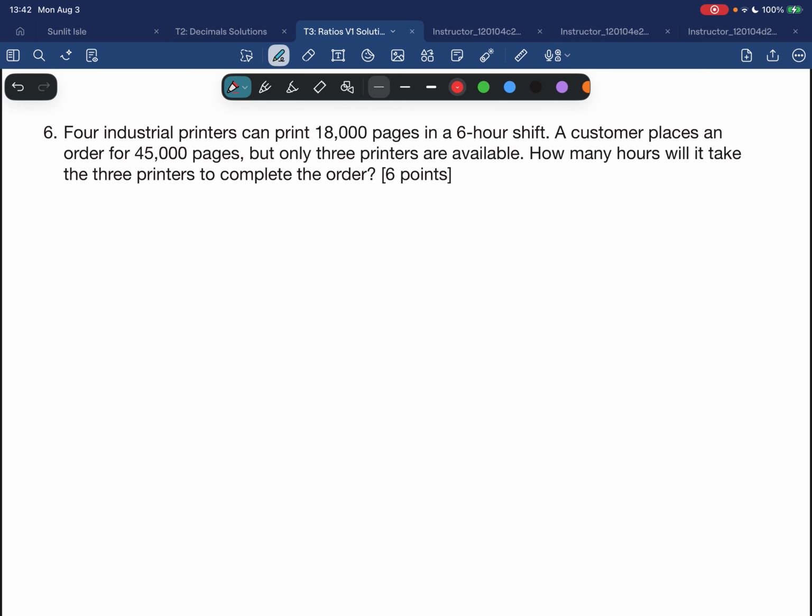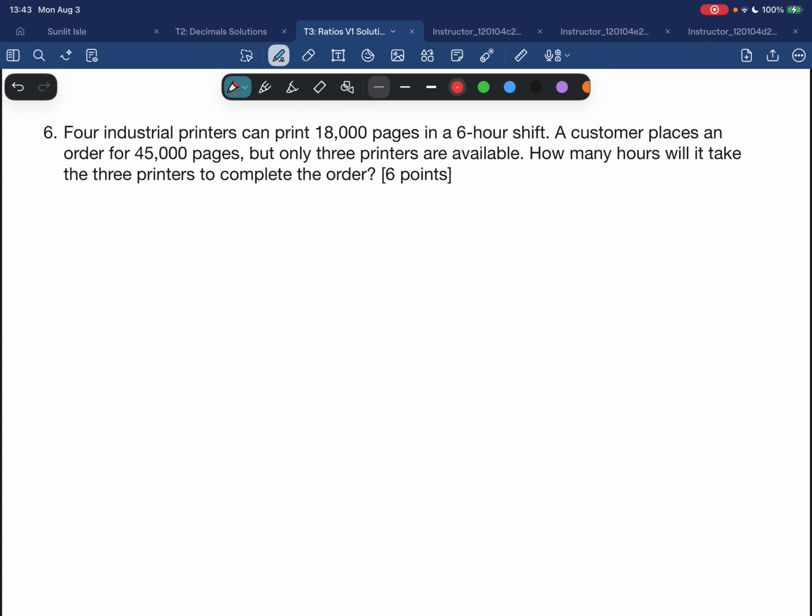So right off the bat, we are looking for the ratio of hours to printers or printers to hours. One or the other, doesn't really matter. Both will get us the answer. So we want to find the ratio of printers to hours. However, we don't have enough information to just solve that one directly just yet.